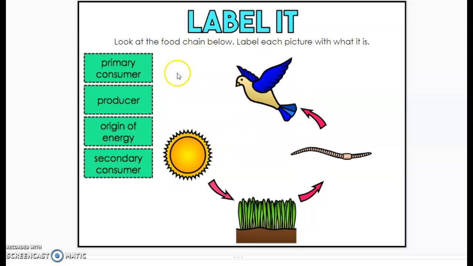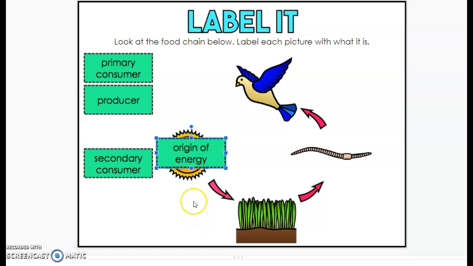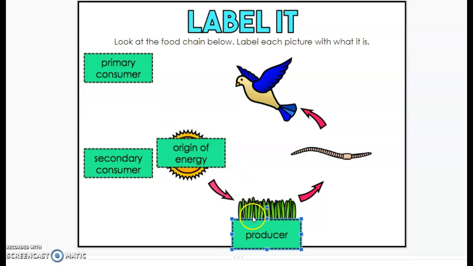So remember, a food chain is organized by what is consuming the one before it. A food chain always starts with the sun, which is where it gets all of its energy from. Now a producer makes its own food by using photosynthesis from the sun.